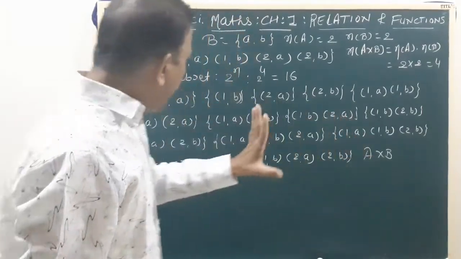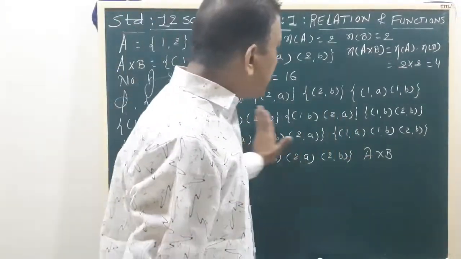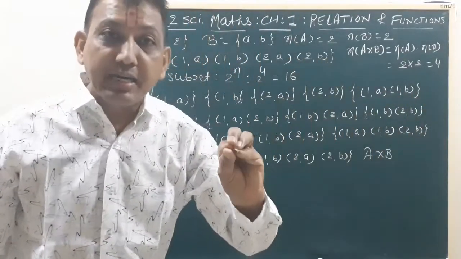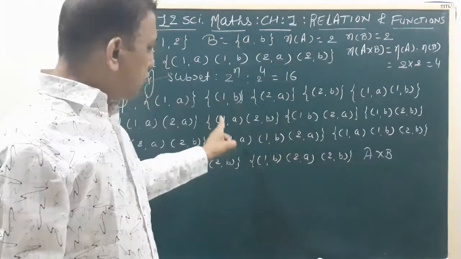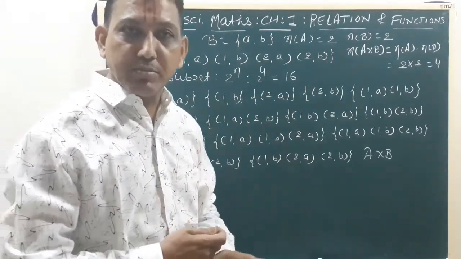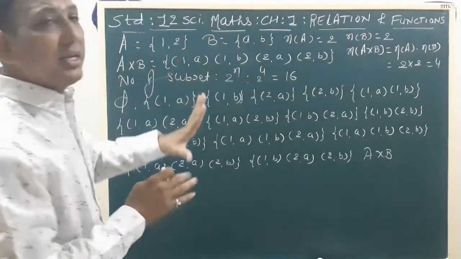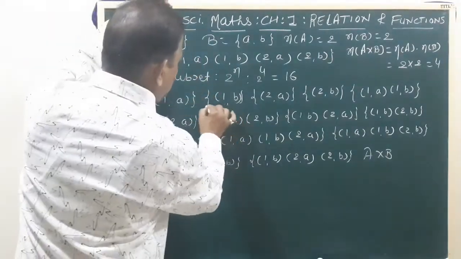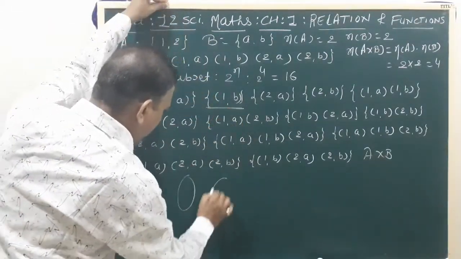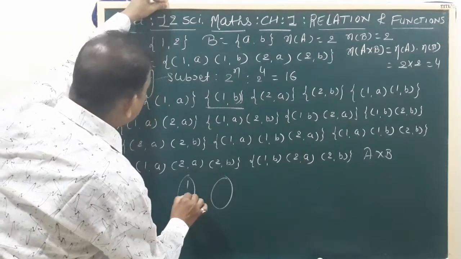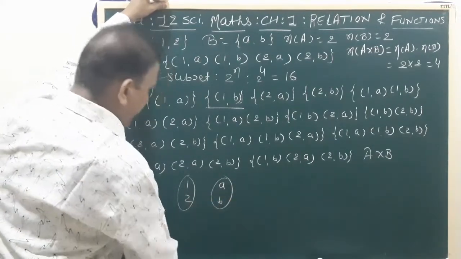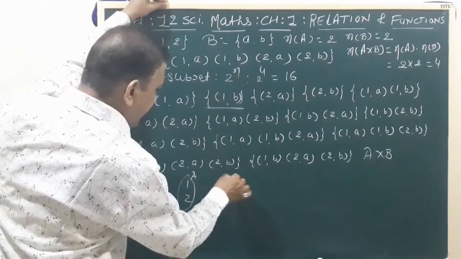Right? Okay. Now you can draw a total of 16 Venn diagrams. Here a total of 16 Venn diagrams are possible. You can draw any one. Suppose we draw here 1, 2, A, B. Set A, set B.